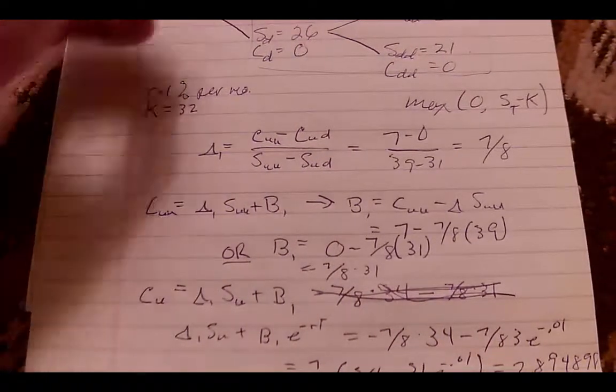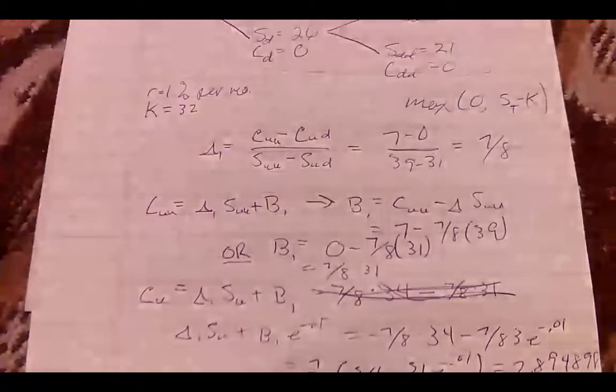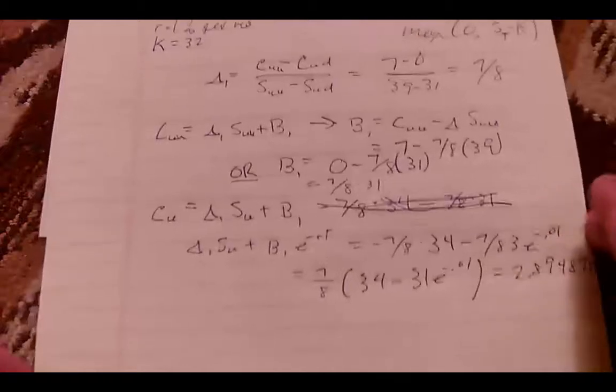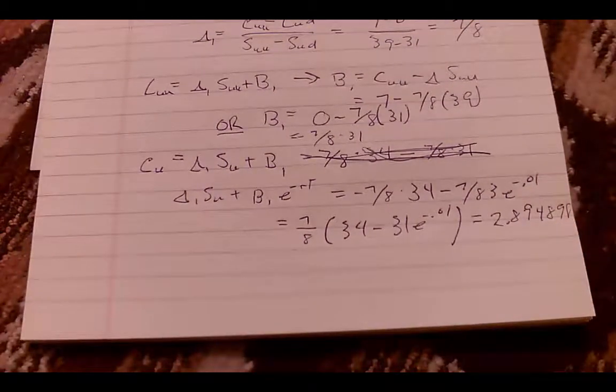Now we can finally get down to here. We have all the blanks filled in. Again, we have to calculate a delta, which we're going to call delta 0.